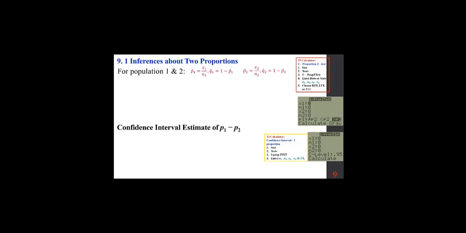Same thing goes for p2 hat, x2 over n2, and q2 hat is 1 minus p2 hat. So whatever we have learned for one sample works for two. To distinguish between the two, we give them a subscript: subscript 1 for the first one, subscript 2 for the second one.